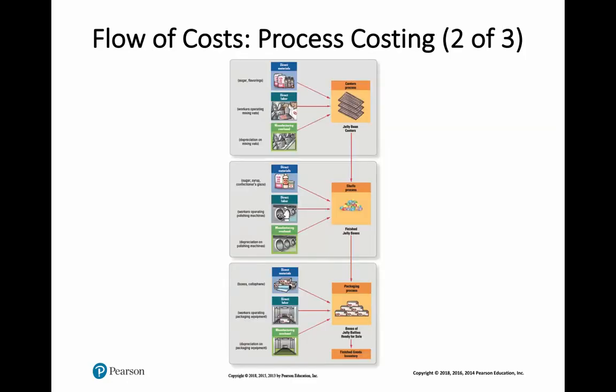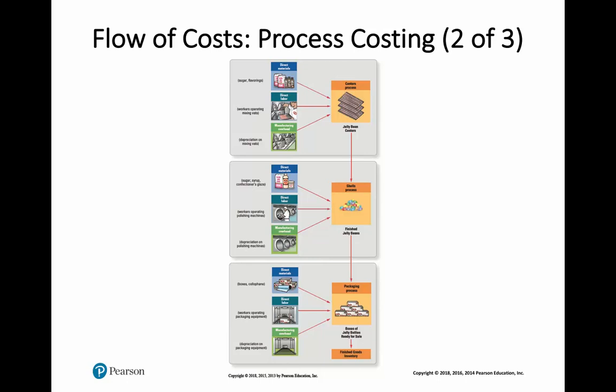The other thing to keep in mind is that if you think about the manufacturing process, we start off with stage one and then we move to stage two and stage three. At stage one, we add materials, we add labor, we add manufacturing overhead to do that first process. So we create the centers. If you ever think about a jelly bean, how it's manufactured, they create the inside. Once the inside is created, as we can see on our diagram, it would then go to the shelling process.